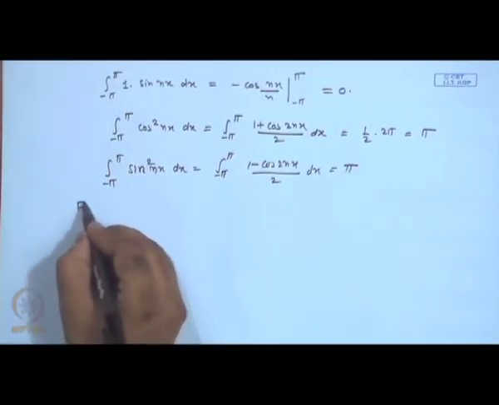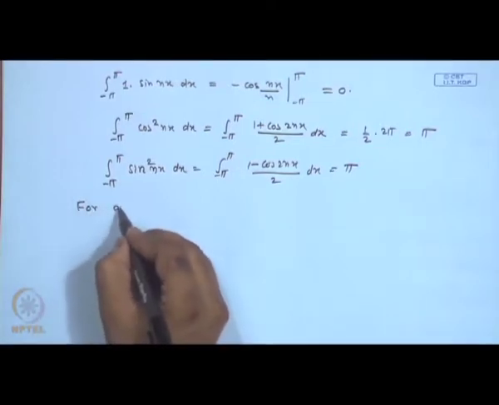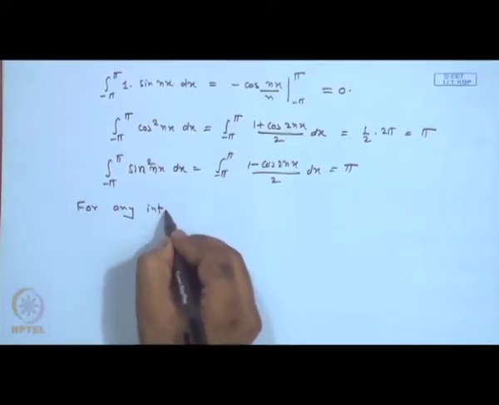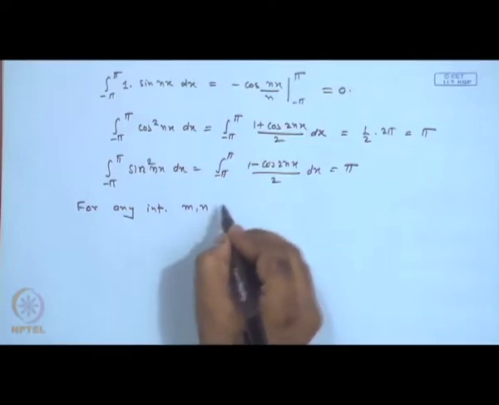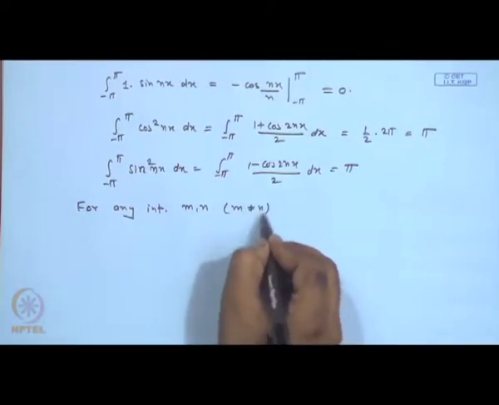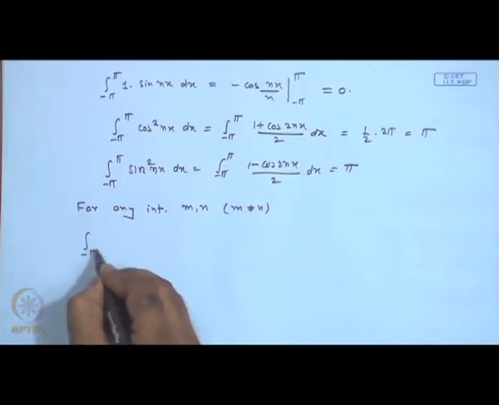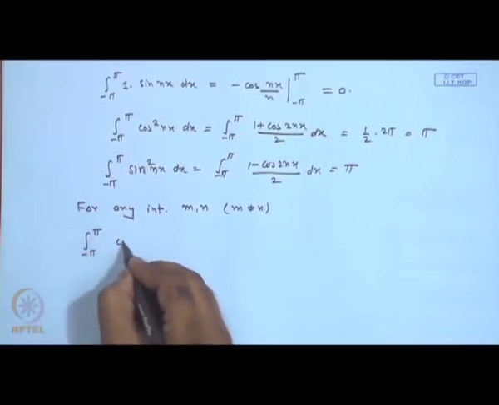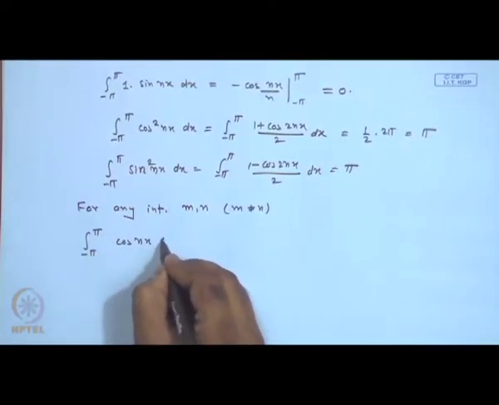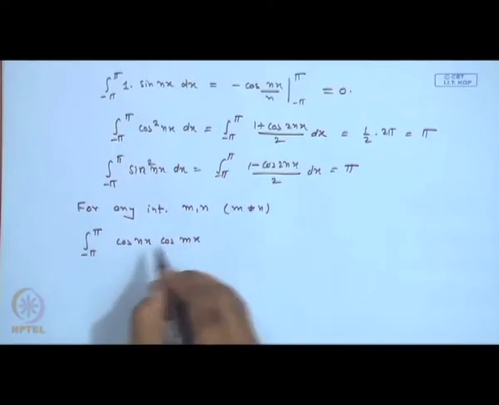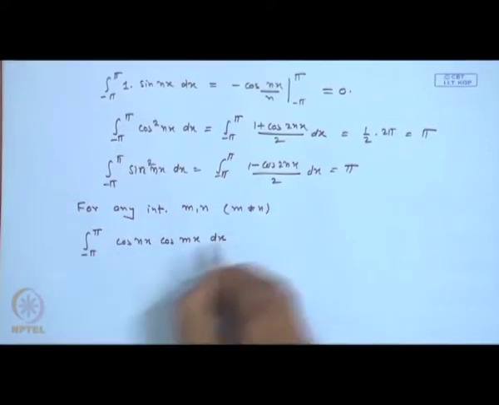Now, we take any integers m and n, where m is not equal to n. What do we have if we integrate from minus pi to pi cos nx and cos mx? Any two functions we have taken here.